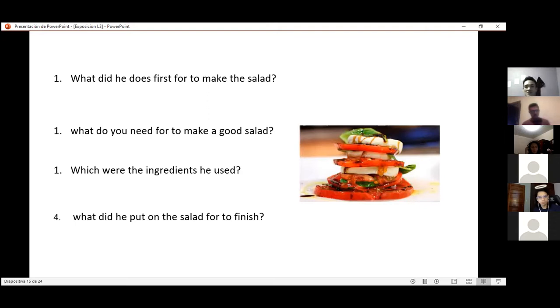That is the answer. Fresh ingredients to make a good salad. Is it clear?